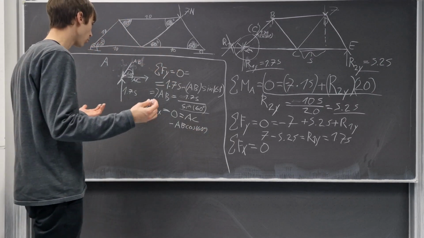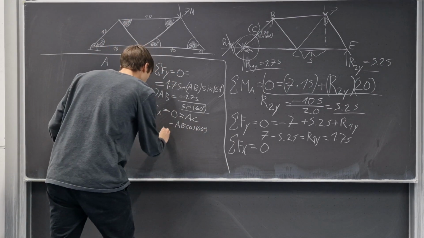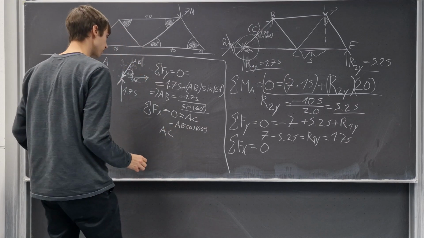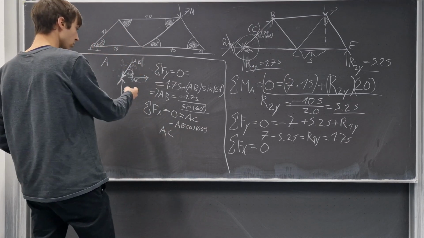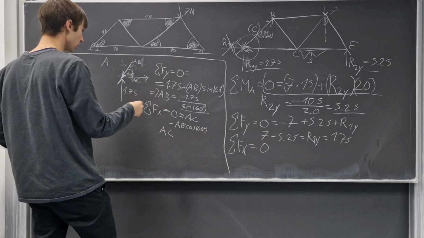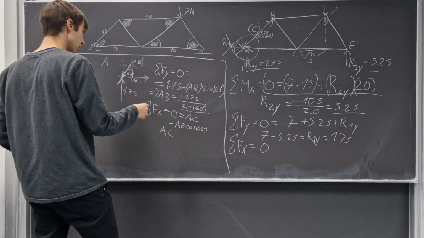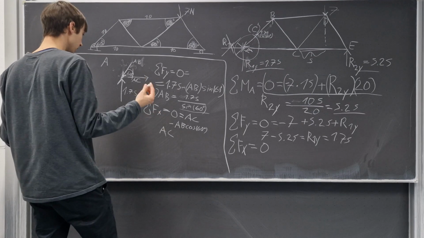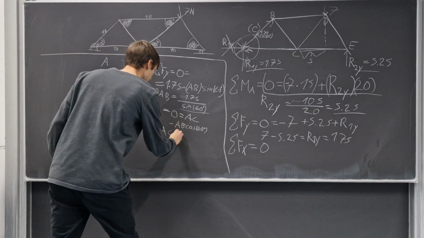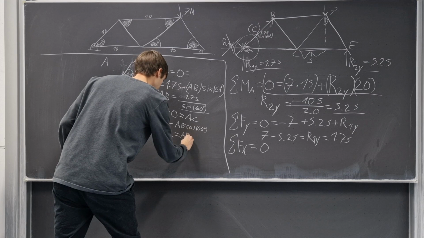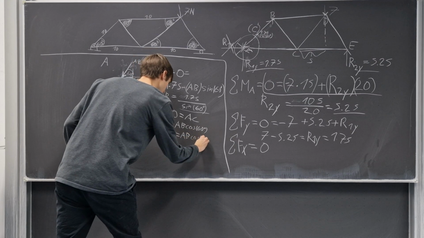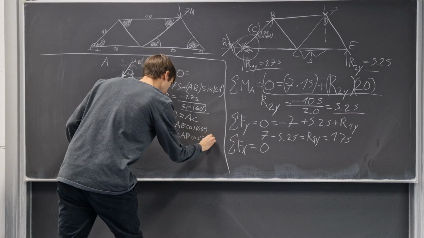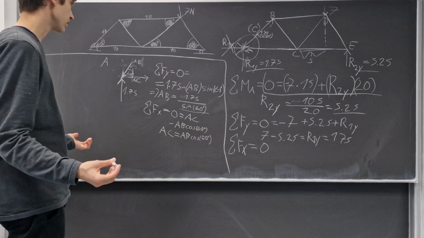And now we just solve for AC. So AC will be AB cosine 60 basically. And what is that?